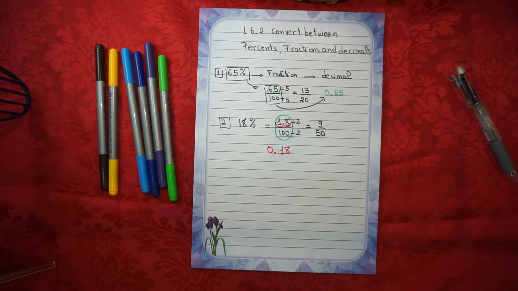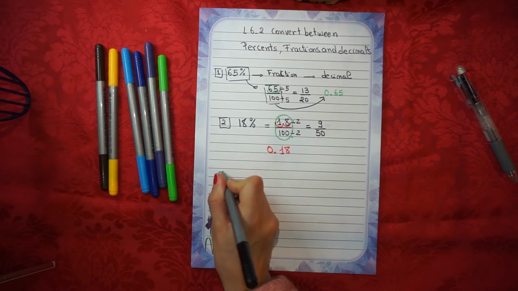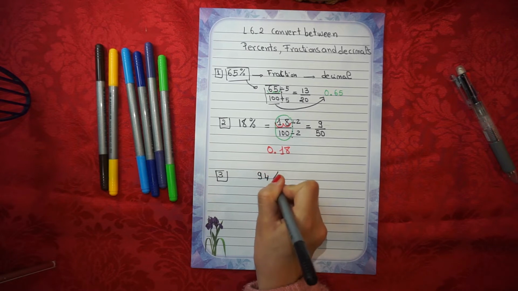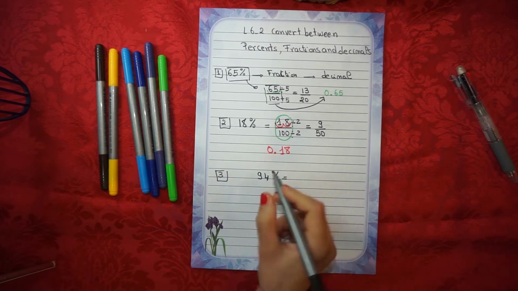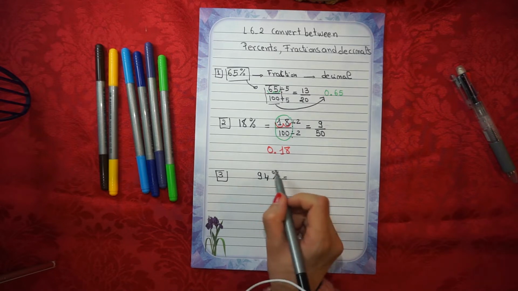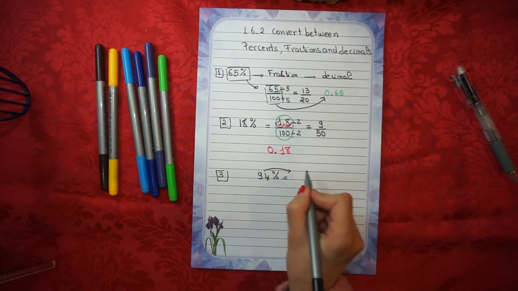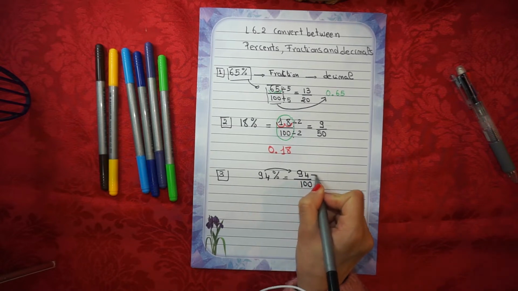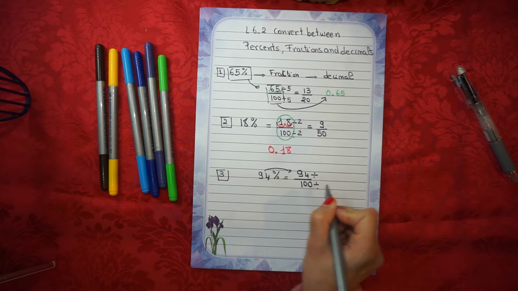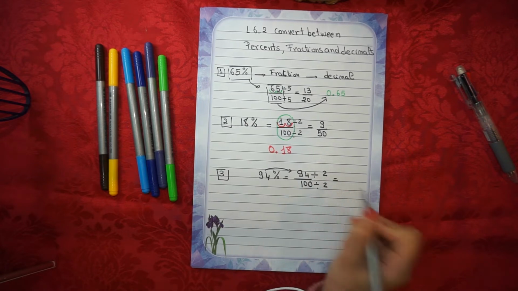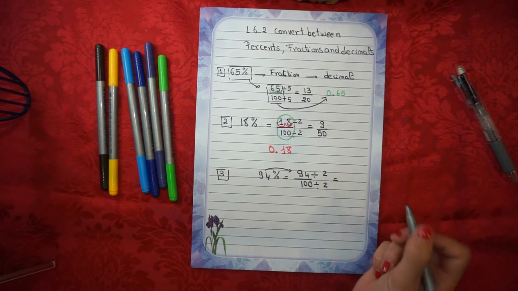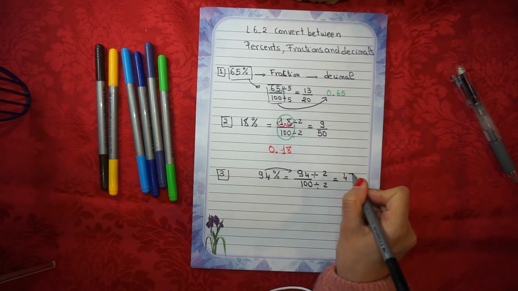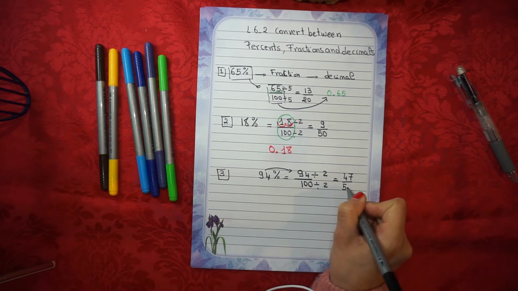Let's do one more question. If I have, for example, 94%. So I'm gonna write the number as it is over 100. So here we can divide numerator and denominator by 2. So here it will be 47 over 50.